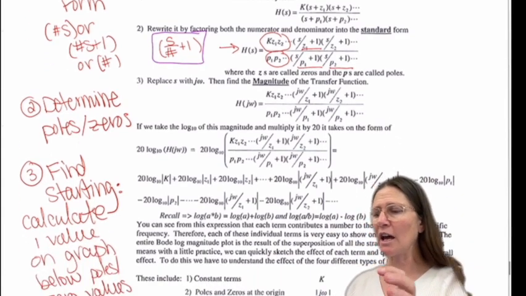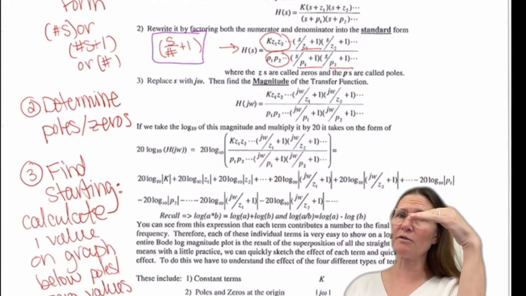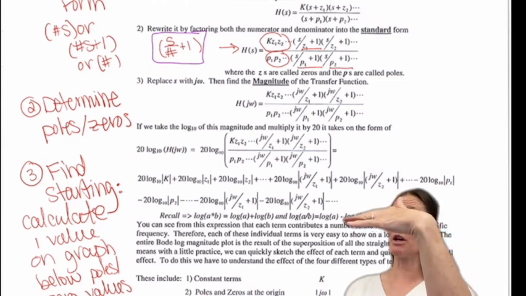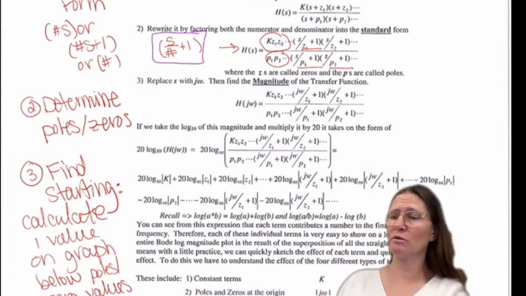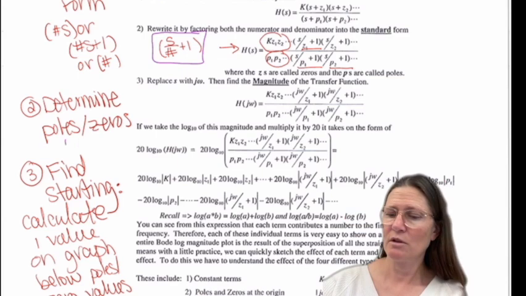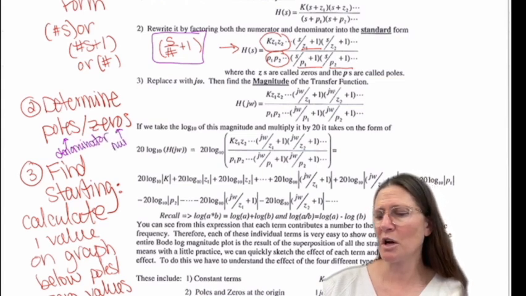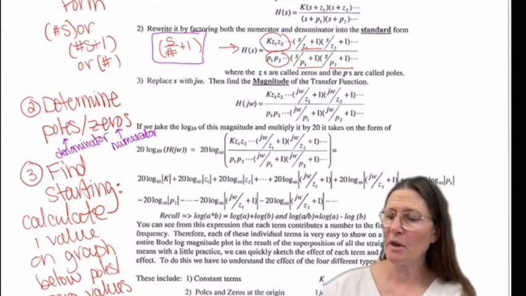Then you're going to look at it and say the roots of the top are going to be my zeros. The roots of the bottom are going to be my poles. So poles are the denominator and your zeros are your numerator. And these are going to be the roots.